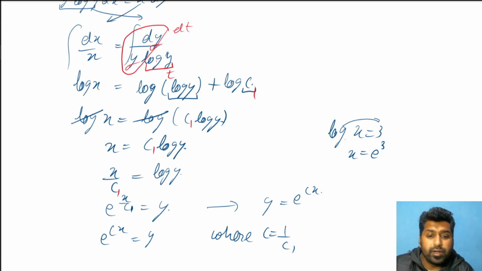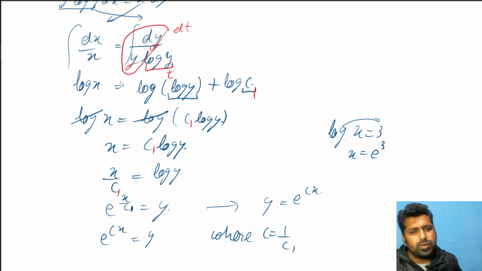Or you could have avoided all this, if you would have taken log c on the left side. Constant has to be written only once, I told you, but it's not a condition that it always needs to be written on the right side. If we would have written this log c on the left side, we would have got directly this as an answer. But again, don't try to memorize that log c should be written with x only, not y.